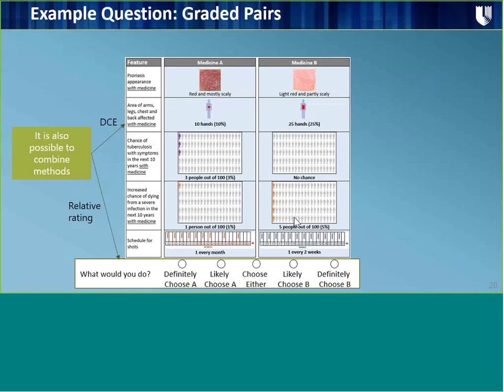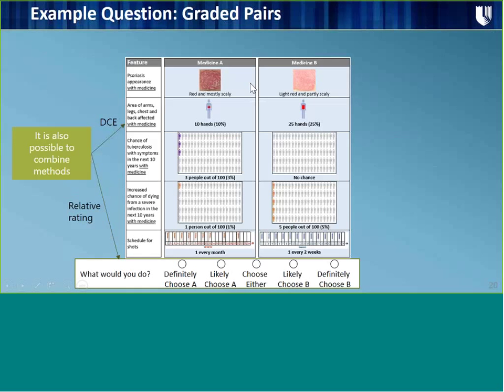And then there are all these creative ways of combining these different sources of preference information. This is just one example, what we call a graded pair question, where in essence you present a setup that really mimics what you have with a choice-based method.